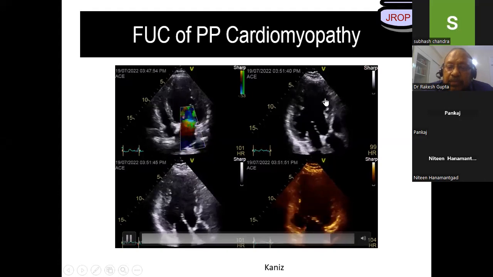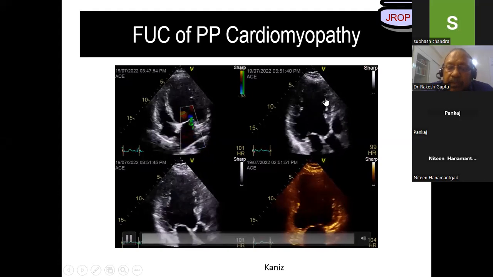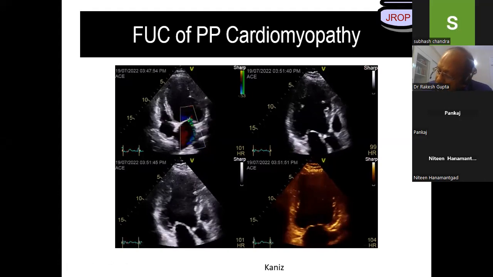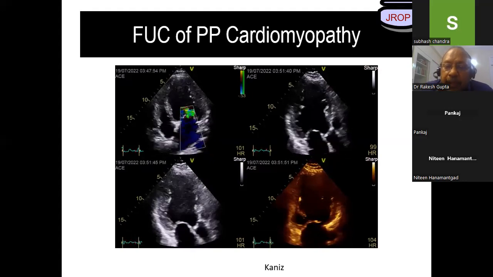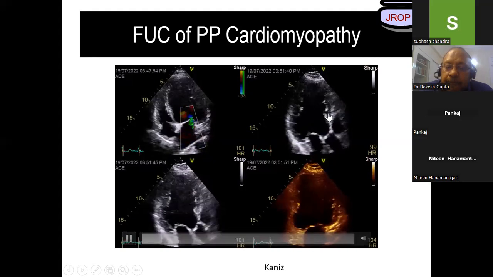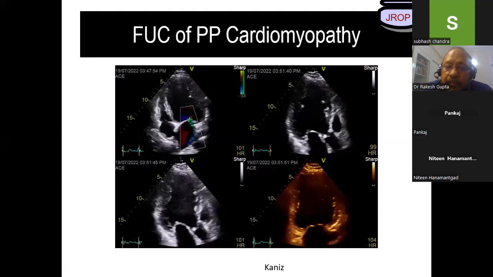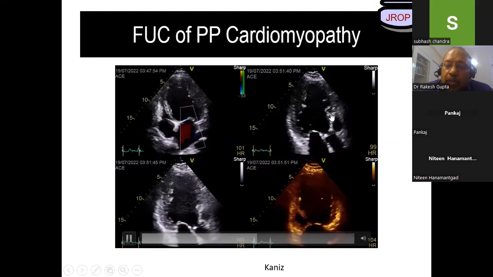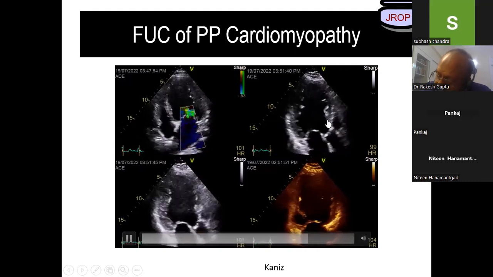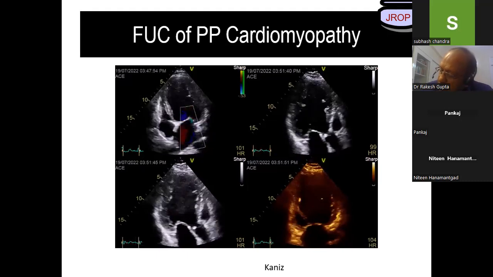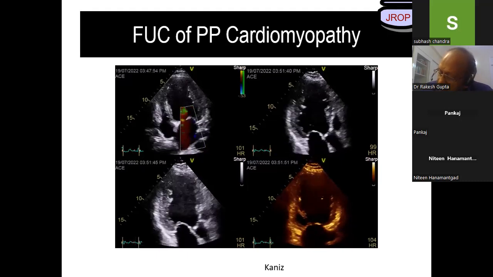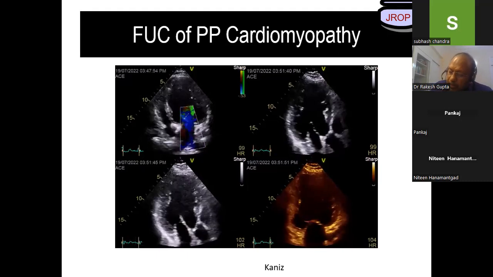Mid anterior septum, sir. Mid anterior septum is hypokinetic. Okay, and basal? Normal contracting, hypocontracting. All right. Hypokinetic, sir. I'm not sure.